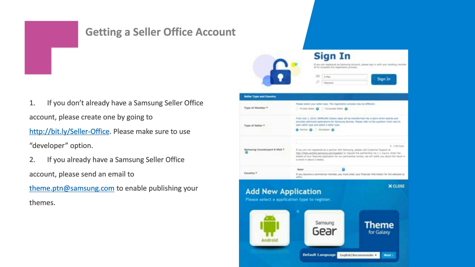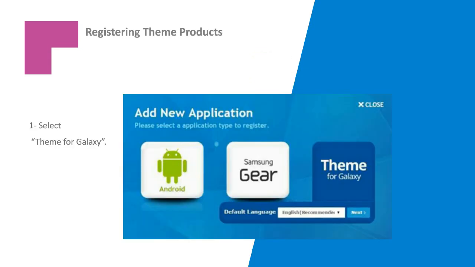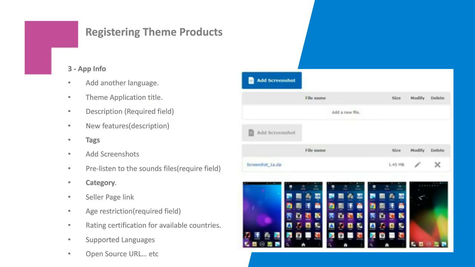If you don't see that option, send an email to theme.partner.ptn@samsung.com for enabling that option in order to publish the theme. Once you have the option available, you can continue with the theme for Galaxy option and fill out all the major details.